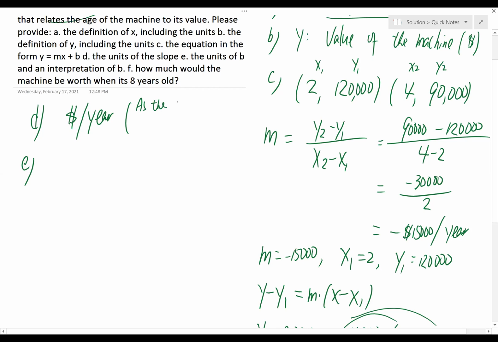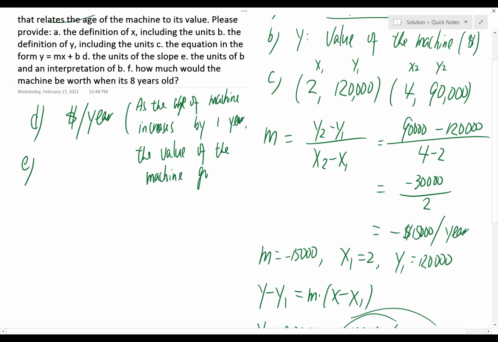As the age of the machine increases by 1 year, the value of the machine goes down by $15,000. And that's the interpretation of the slope.